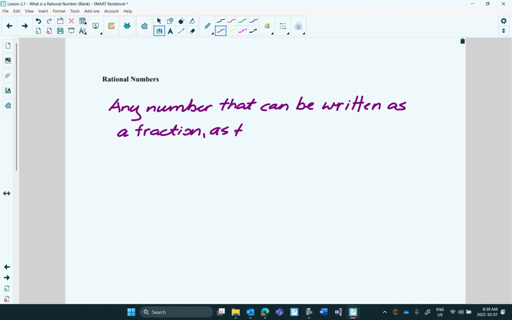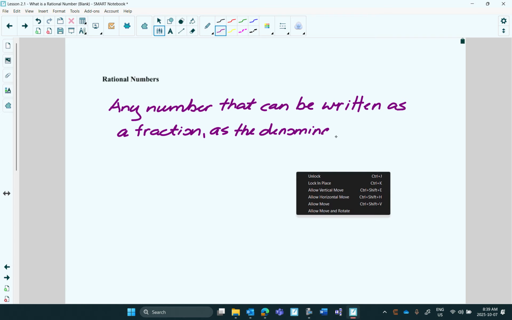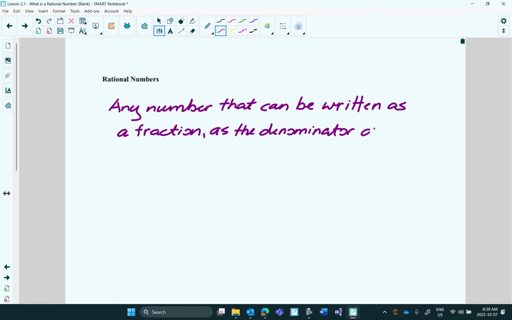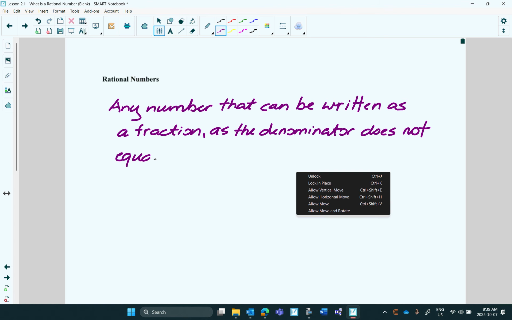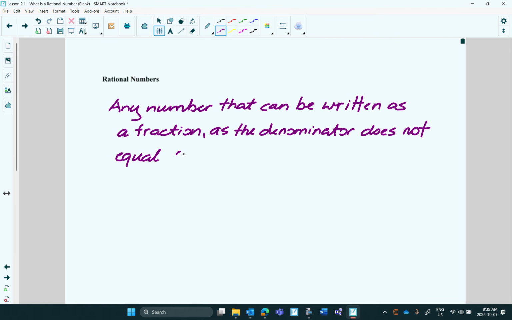As long as the denominator does not equal 0, because we can't divide by 0. So that's a whole bunch of numbers.